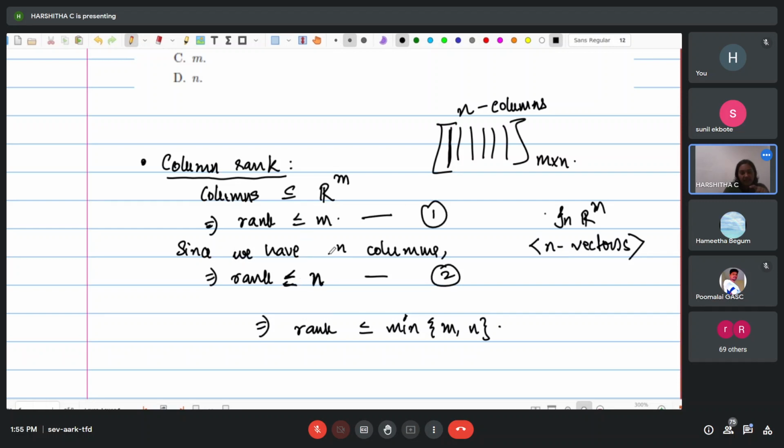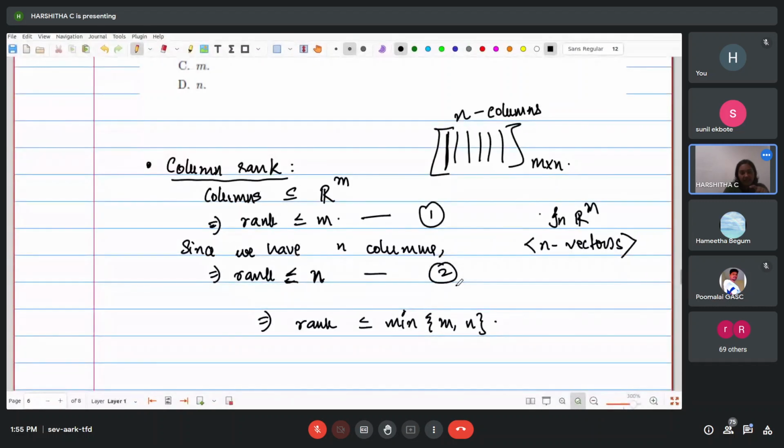Combining both of them, you get that it is less than or equal to the minimum of m comma n. Is this okay? I was just trying to justify it using one of the definitions. Any questions?